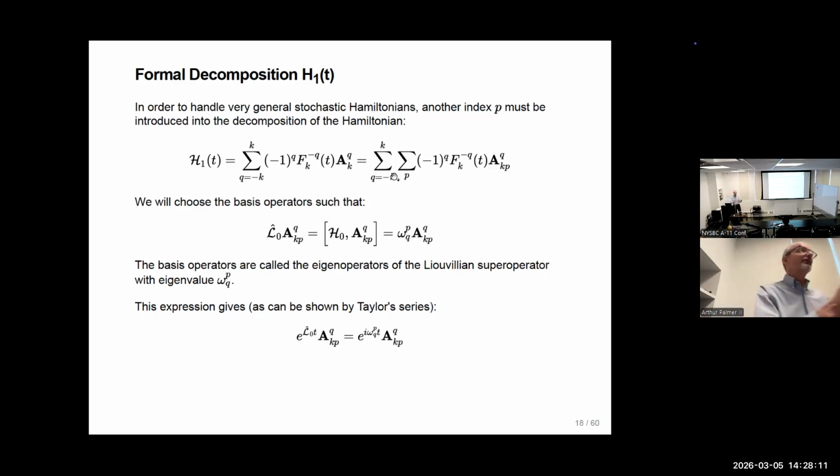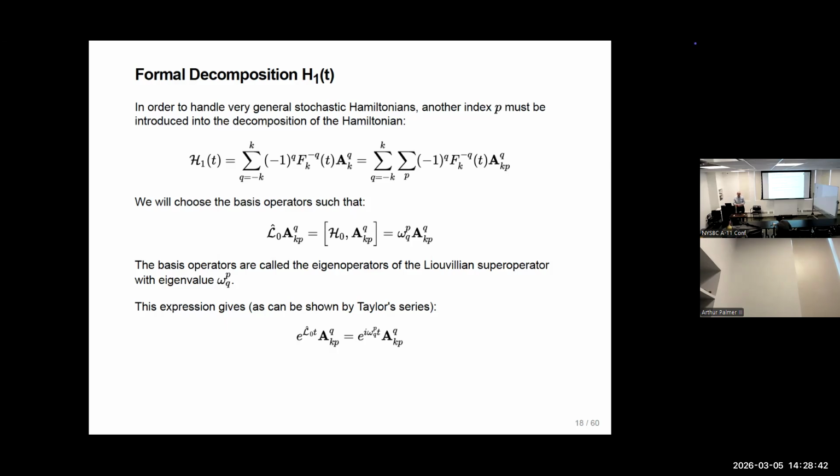The result of this difference between Z magnetization and, say, zero quantum magnetization is that we can't just use the index Q. We need another index to keep those separate. We have to keep separate the parts of the Hamiltonian that come from IZ and the parts that come from I plus S minus, unless the spins are degenerate, in which case we can lump them all together.